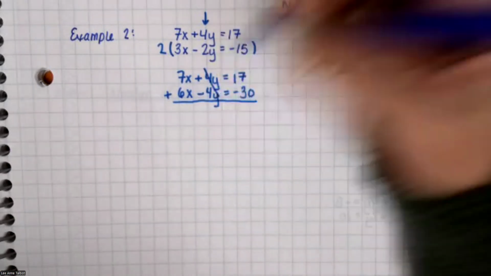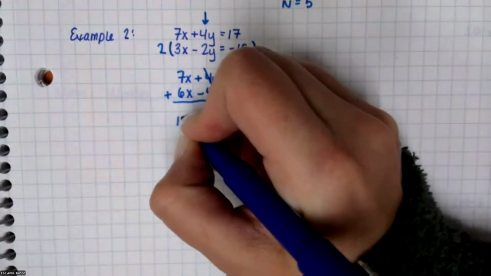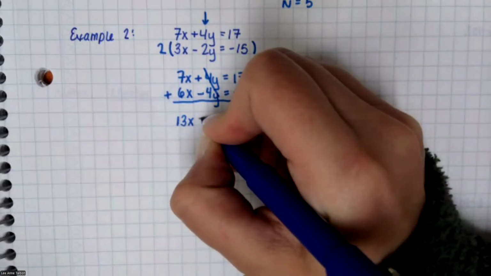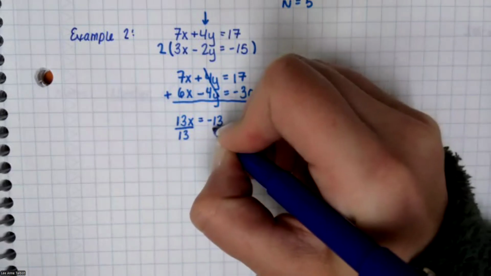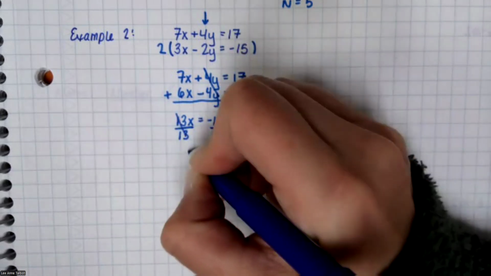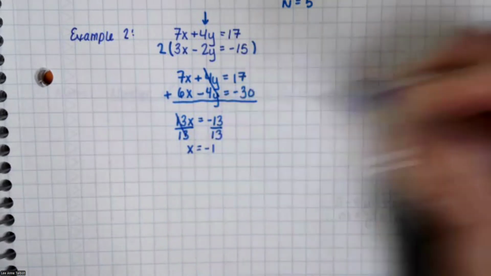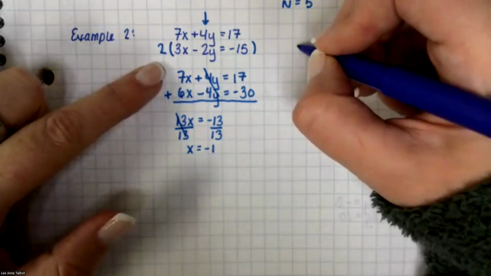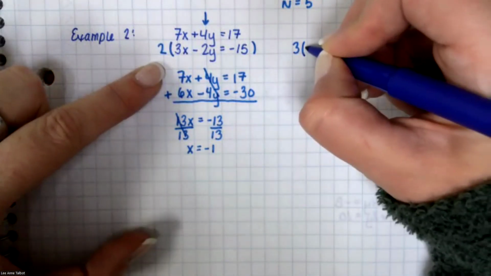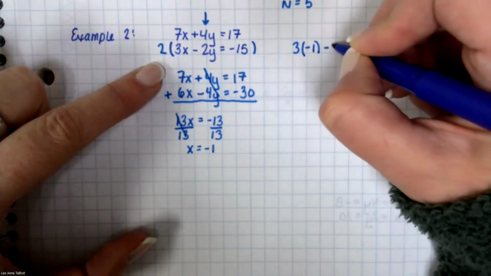Okay, now we eliminate the y's. 13x equals -13, so x equals -1. Probably do the bottom equation.